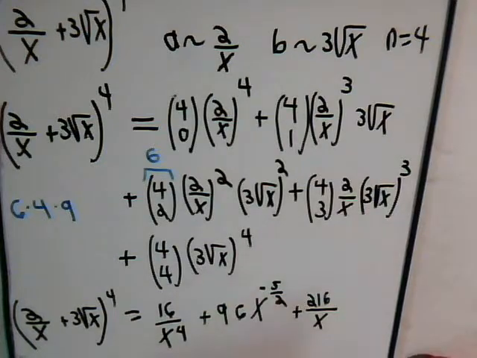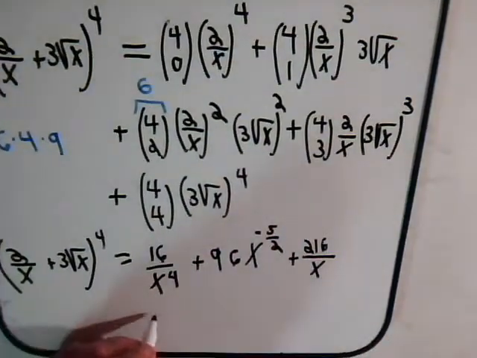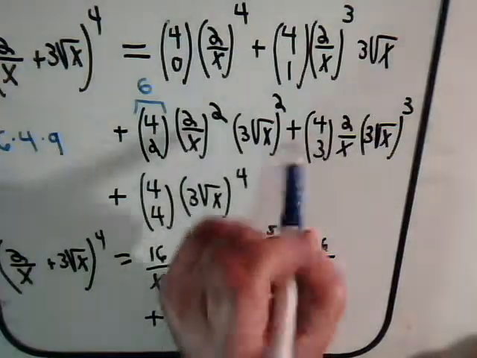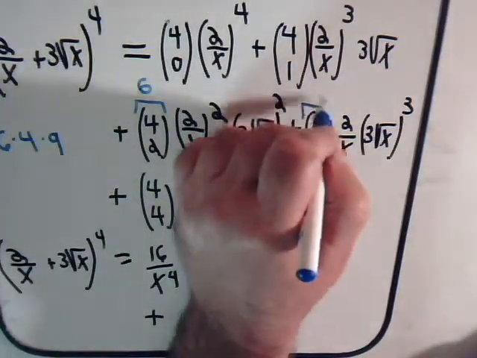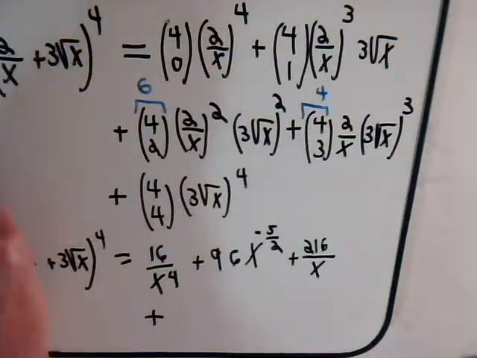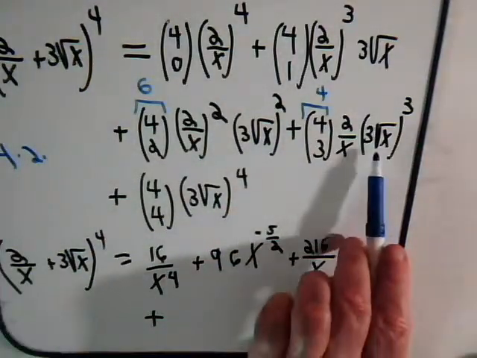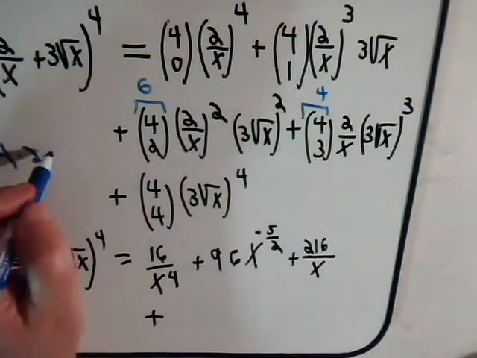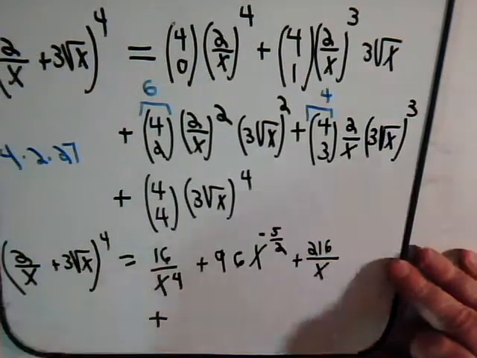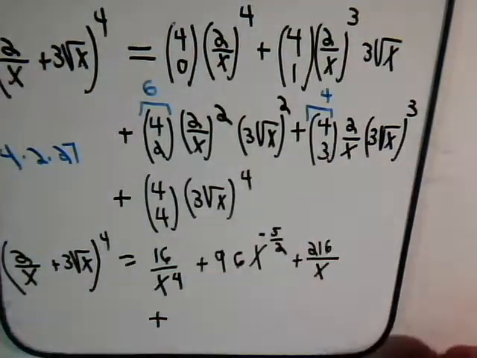Okay, what else do we have? 2 more terms to go through. 4 over 3, this binomial coefficient, again, that is just 4. So for here we have 4 times 2. 3 cubed is 27. So for this term we have 8 times 27.